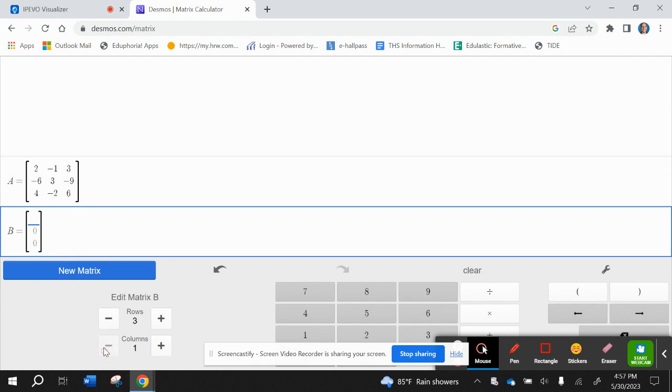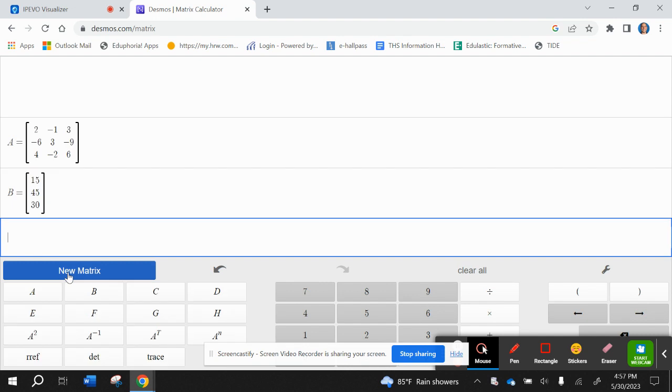It's a 3 by 1, and we have 15, 45, 30. Enter, and then we do A inverse B. We get an error message again, so we need to do this without a calculator.